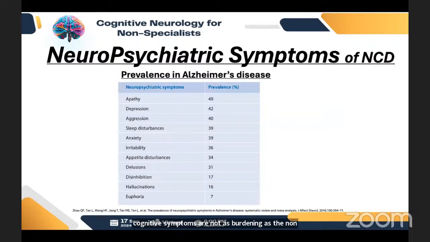It's extremely prevalent, going from apathy, which is very common in Alzheimer's disease, to depression, aggression, sleep disturbances, and all of those other symptoms. To a lesser extent you would have manic symptoms, rather than, at the upper extent, people who are dysphoric, depressed, apathetic, or aggressive.